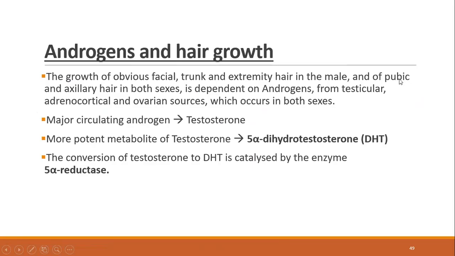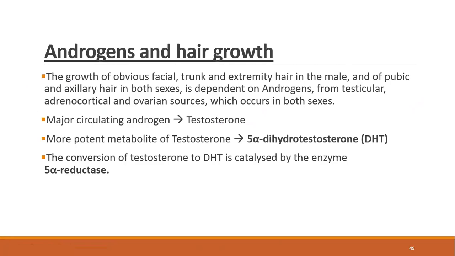Anagen hair growth. Growth of obvious facial, trunk, and extremity hairs in male and of pubic and axillary hair in both sexes is androgen dependent, you all know. And the androgen is produced from the testes in male, while in female it can develop from the adrenocortical area and the ovarian sites.